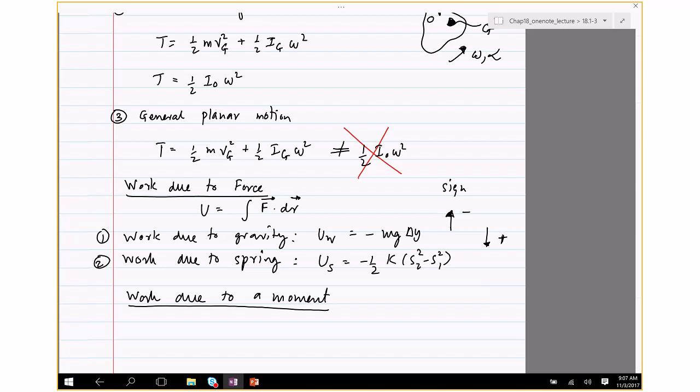But for a rigid body, there can be rotation. For example, there could be a motor subject to a torque, because of which there is work done by the motor, and that is given by M d theta. Here M is the moment which is sticking out of the plane of the paper. Because we are doing only two-dimensional motion, the moment is always in the k direction, so I did not write it as a vector, and d theta is the rotation which is in plane.